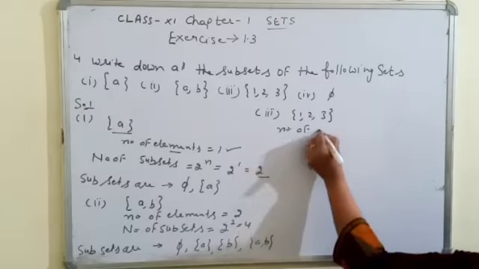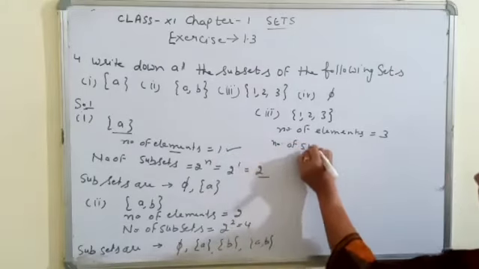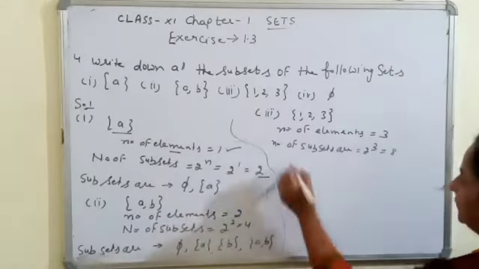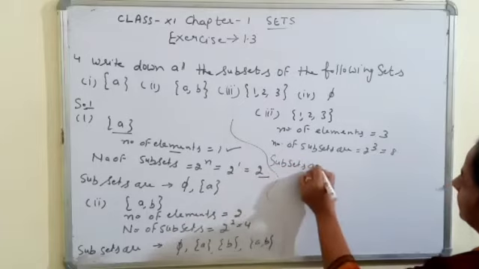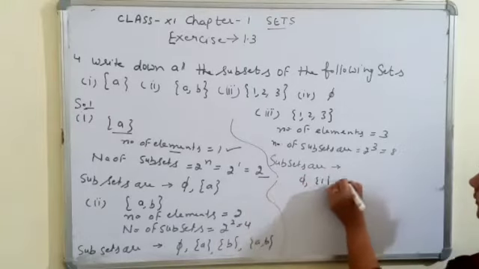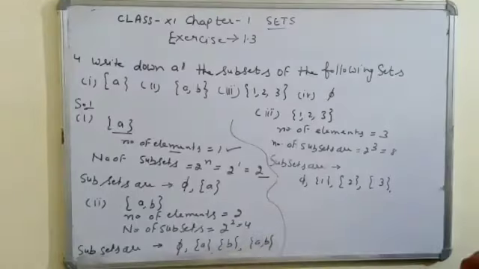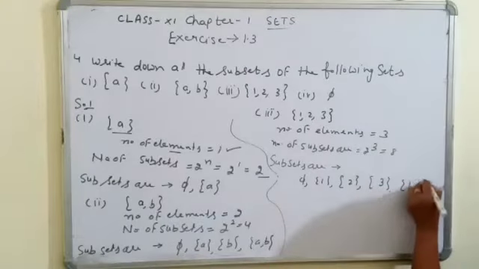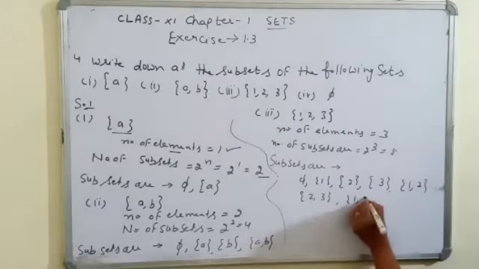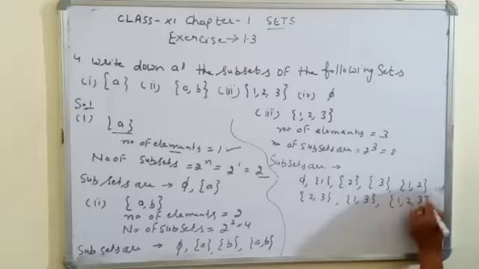So the number of subsets is 2 power 3, that is 8. So the subsets are: first phi, second {1}, {2}, {3}, then make the pairs {1, 2}, {2, 3}, {1, 3}, and {1, 2, 3}, 7 of them, and the last one is the set itself, since every set is a subset of itself.